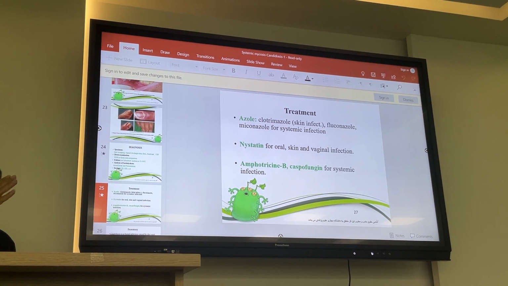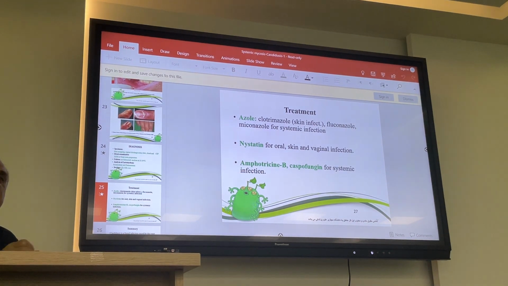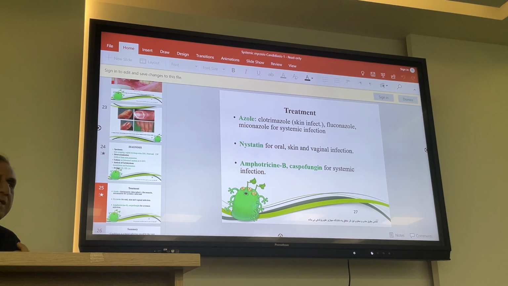You can use it for some parts of infection, some lesions. For example, you can use nystatin in the oral cavity as a suspension, or use nystatin cream on skin lesions in the axillary area.